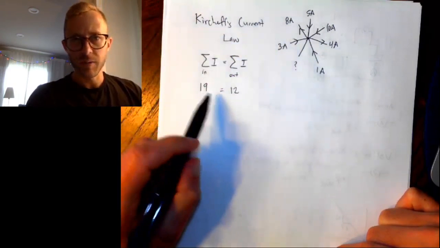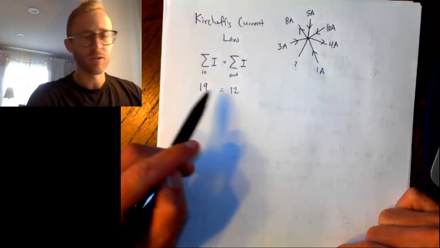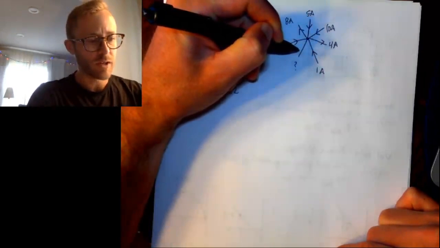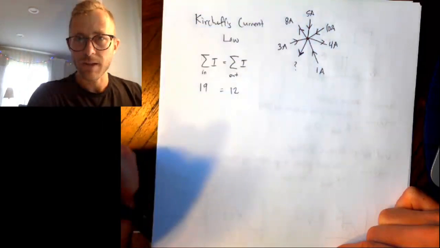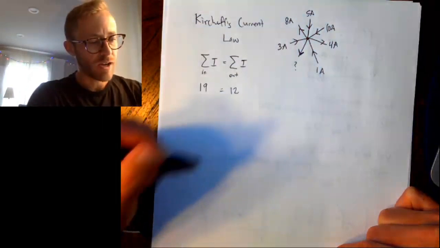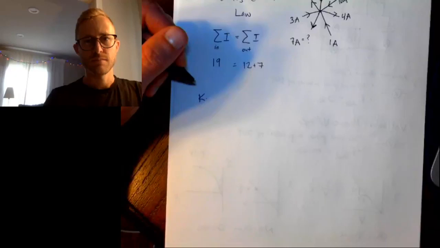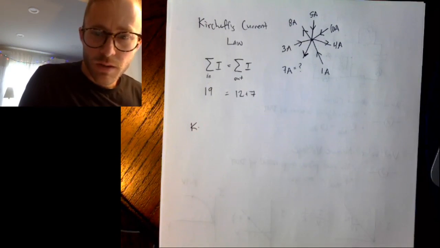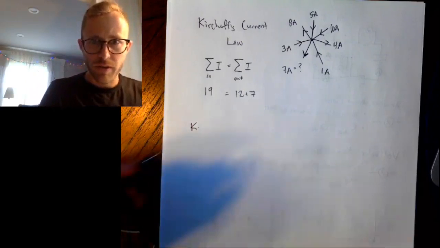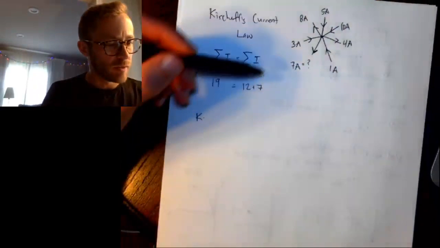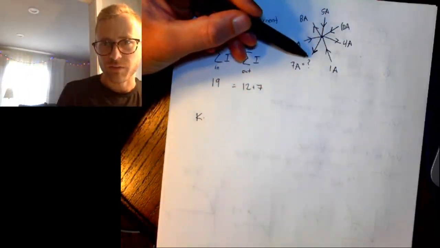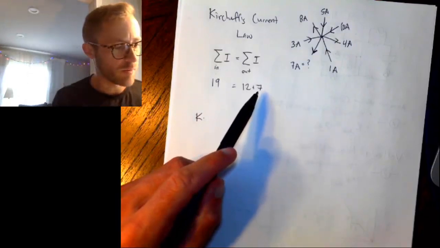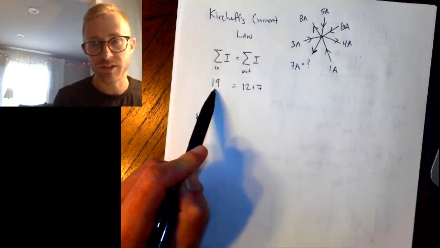The amount going out is less than the amount coming in, so this unknown current would have to also be going out, and it would have to be 7 amps. I deduced that it would have to be 7 amps going out, because that would make the current going in, which is 19, equal to the current going out.